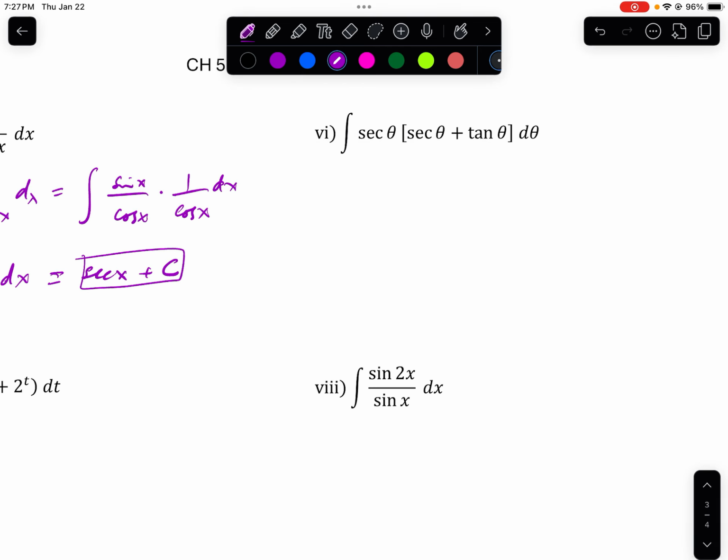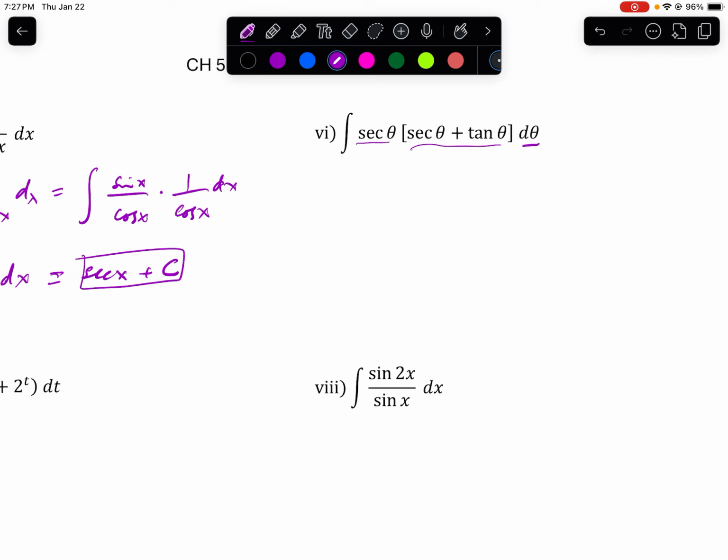Next one is something like this. It looks like a product of secant x and this expression. Now, sorry, I have changed the variable here. We can have different variables. The important thing is that the d of it should have the d of that variable that is in your integrand.